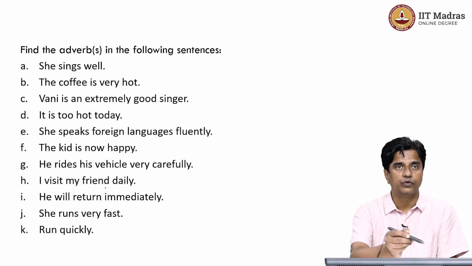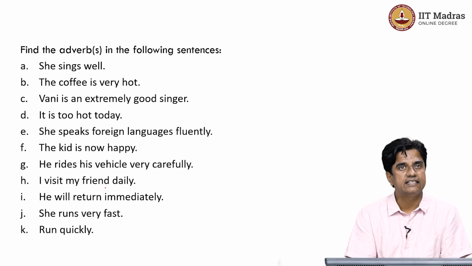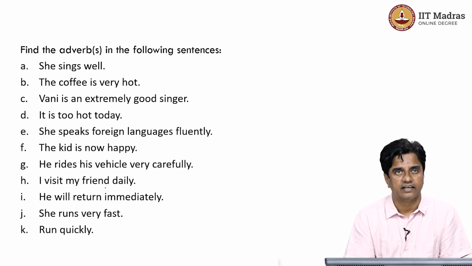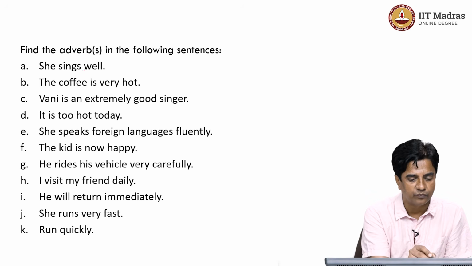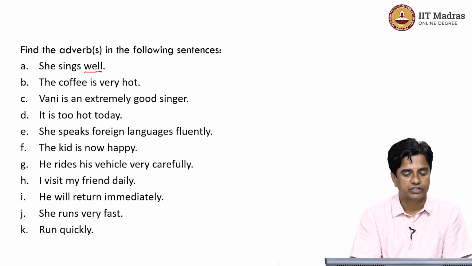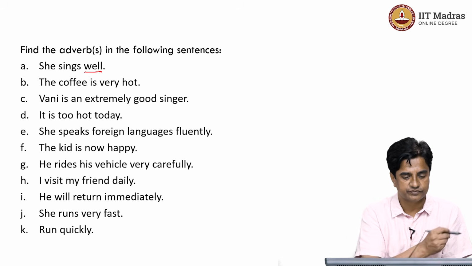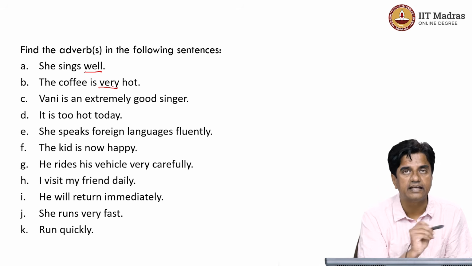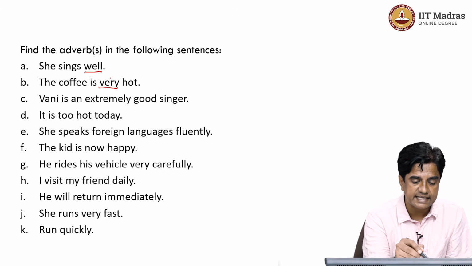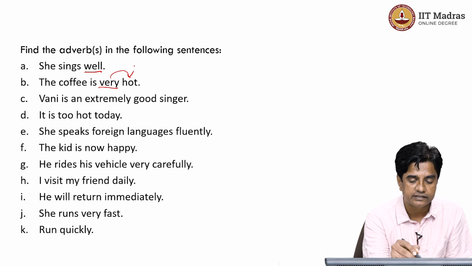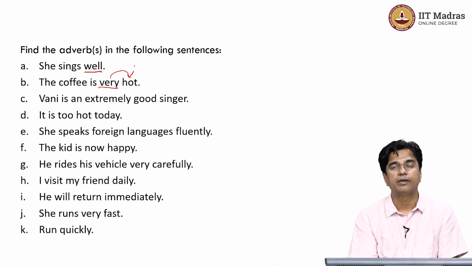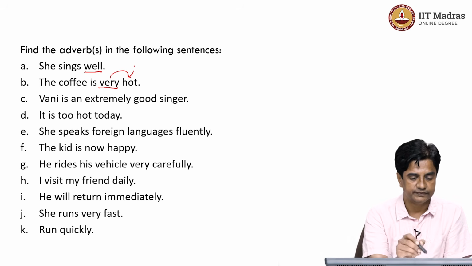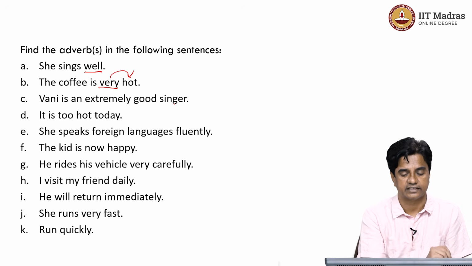And now if you look at these sentences, see, she sings well. Again, well is an adverb. Coffee is very hot. Very hot, this very is an adverb, but in this case it is modifying, giving you information about hot. Vani is an extremely good singer.